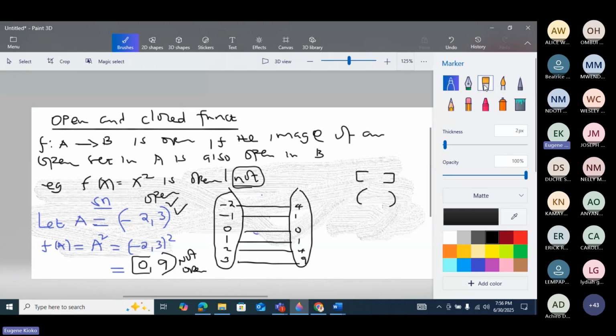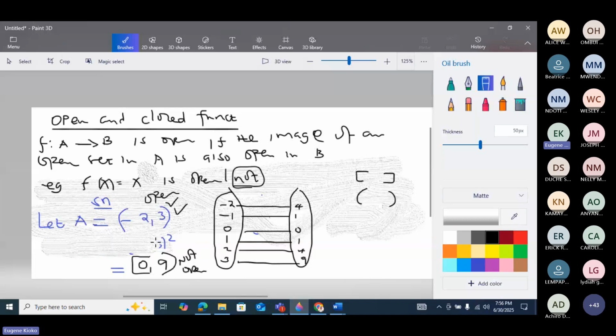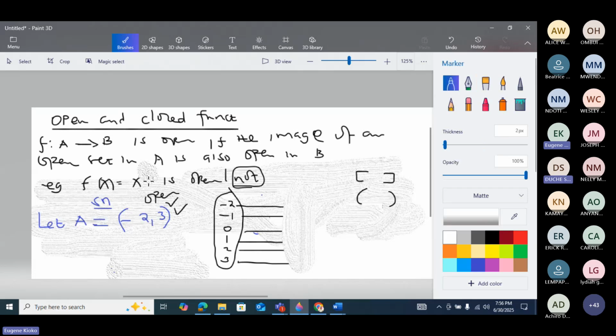Let us use the same, but we change here to cube.